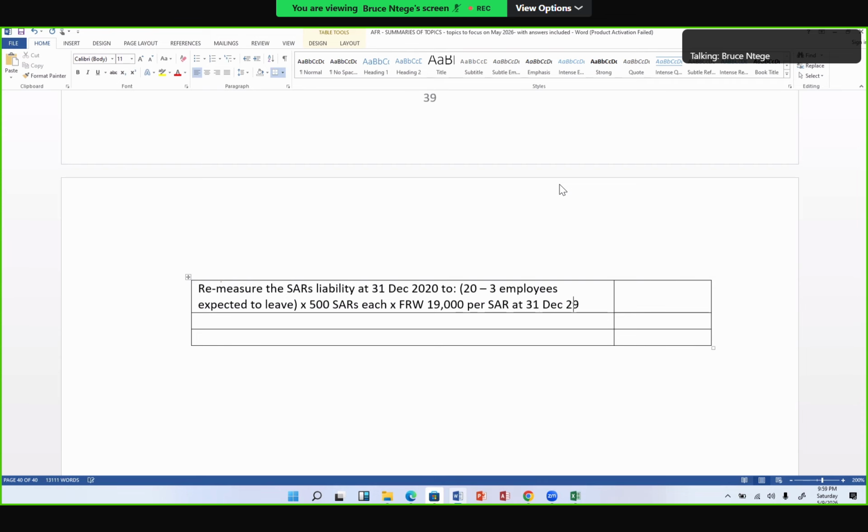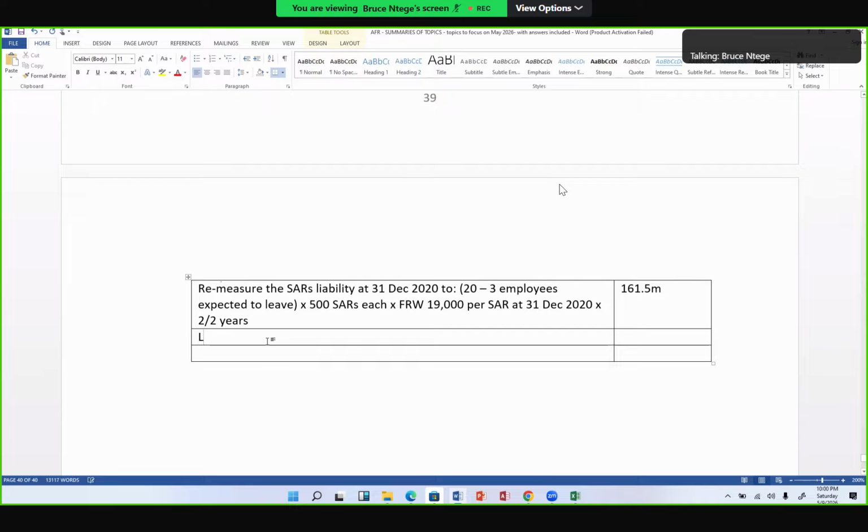So I have 161.5 million francs. Then I'll say minus the brought forward liability from last year, the opening balance, the payable or liability from the prior year. In the prior year, the liability was 102. So 161 minus 102 gives me the additional liability this year, or the increase in the liability.